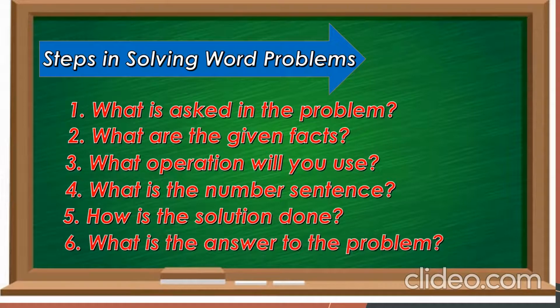And the last is, what is the answer to the problem? So those are the steps in solving word problems. Now, let us try to solve the following problem using the steps. Read with me.